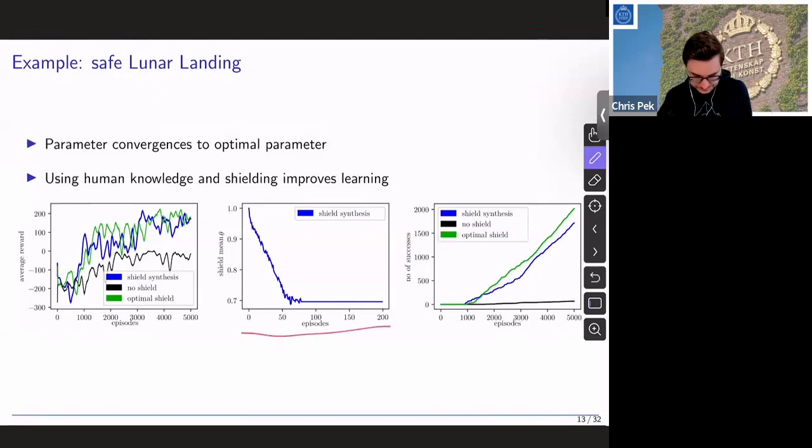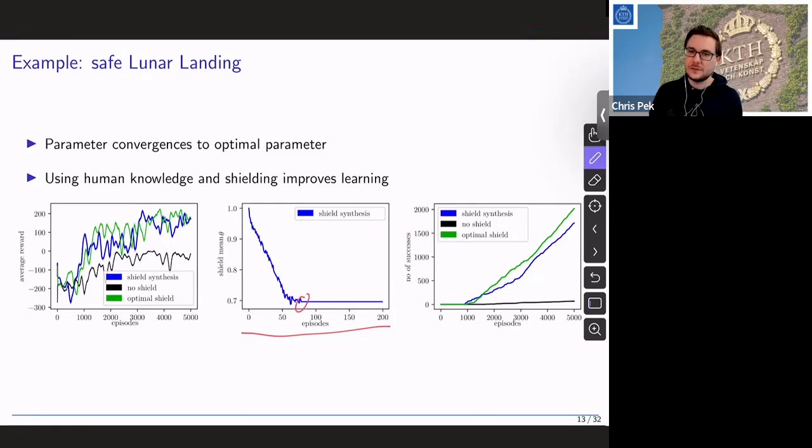In the center, you can see, with the episodes on the x-axis, how the shield mean from our shield distribution changes. We start by allowing the main engine to use everything. So it's the very conservative initial prior that we were talking about. This shield parameter updates with the human feedback until it converges at around 70 episodes to the final value of 0.7.